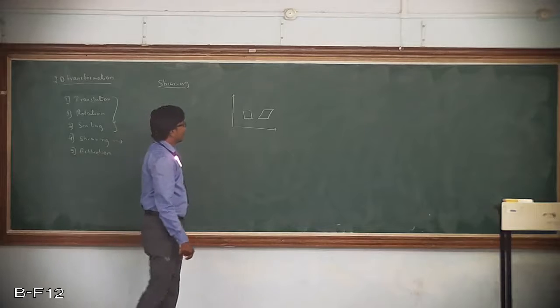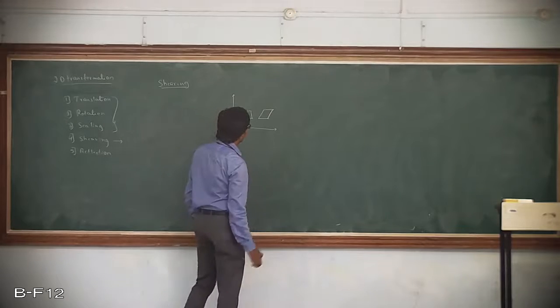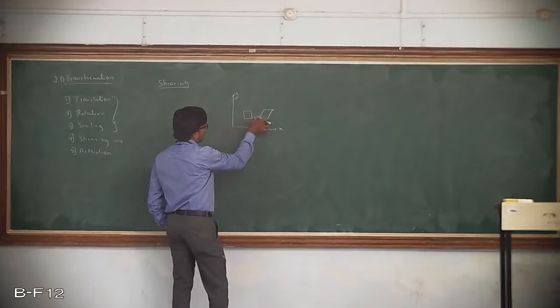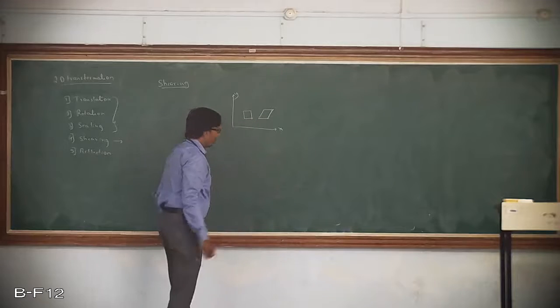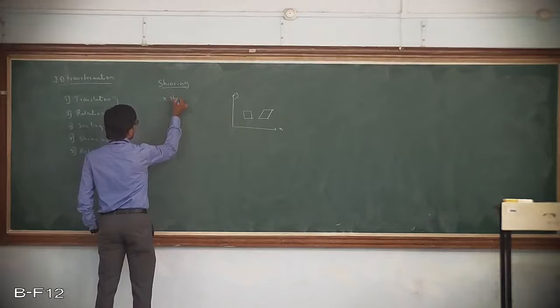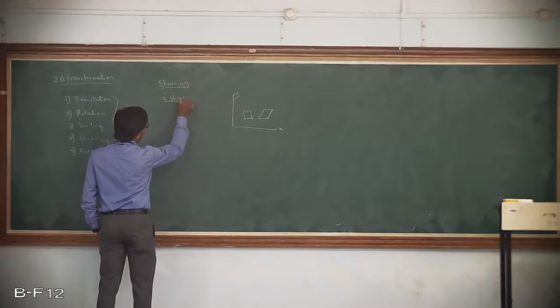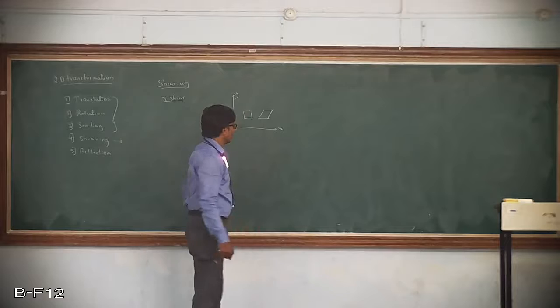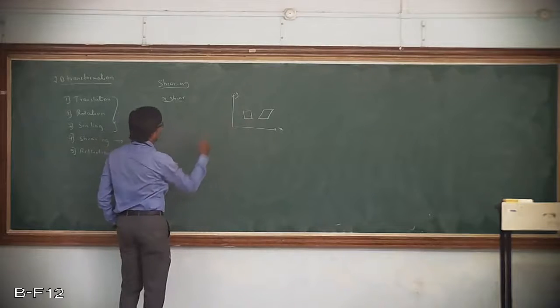So if you see the coordinates of a particular object, it is a square object and it is being sheared along x-axis. Such type of shear is called as x-shear. Here, if I want to find out what are the coordinates of the final sheared object, y will remain as it is.